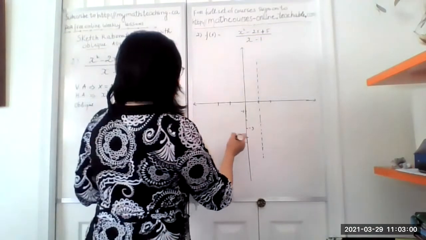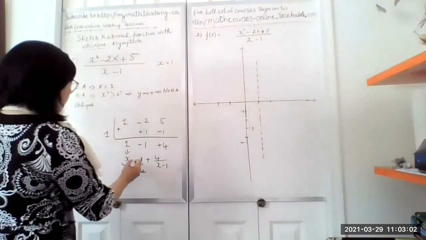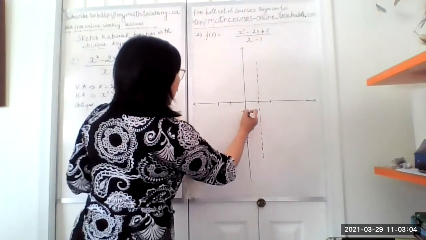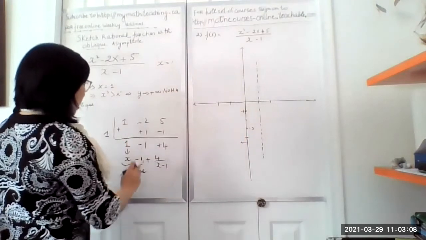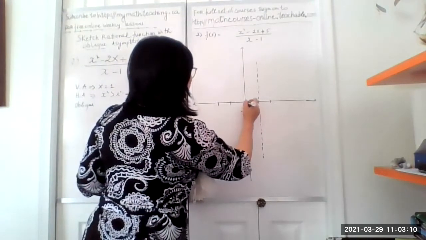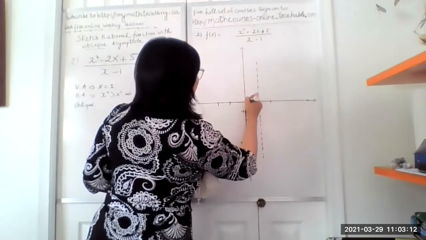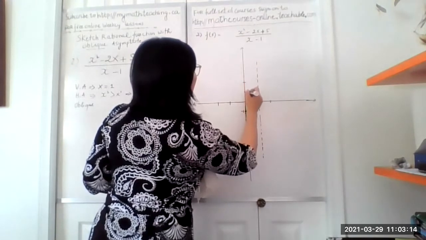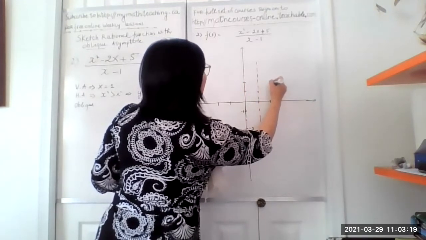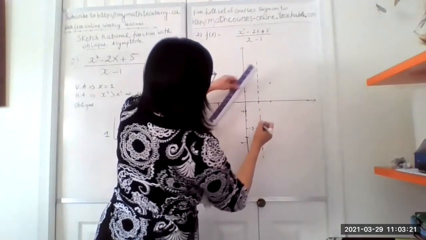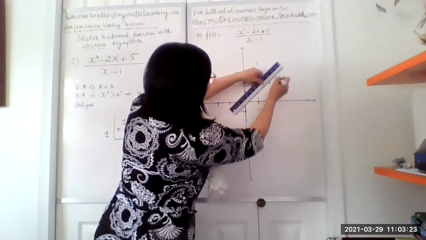We also have an oblique asymptote, y equals x minus 1. So minus 1 right here, and this has a positive slope as well. So we go up 1, go across 1. Go up 1, go across 1. So this is our oblique asymptote.